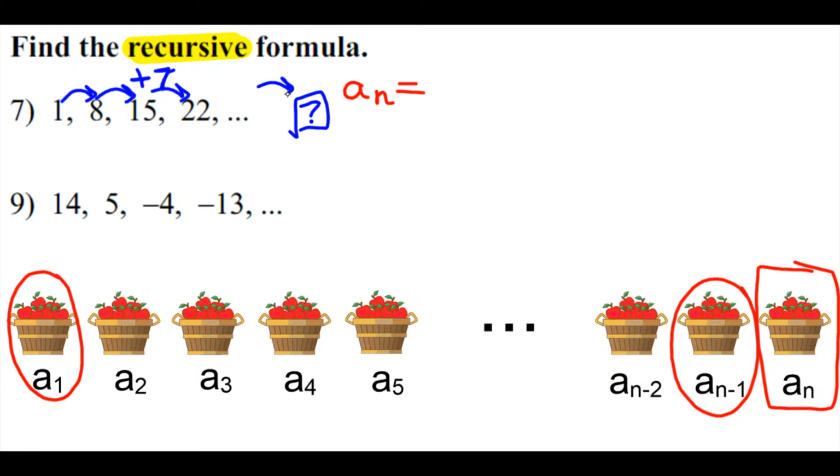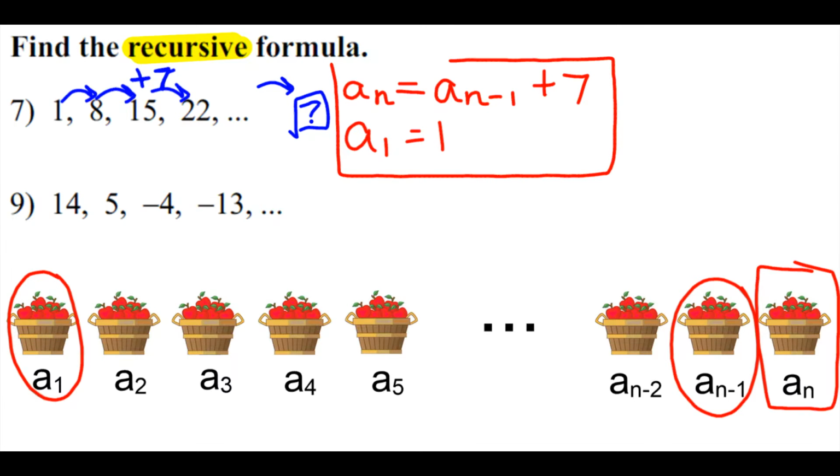For the nth term, you need to take the one right before it, which is An minus 1, and add 7. Now that seems like it's finished, but you have to also tell me where we started. So say A1 equals 1 here. It means you need both of those statements in order to have a recursive formula.